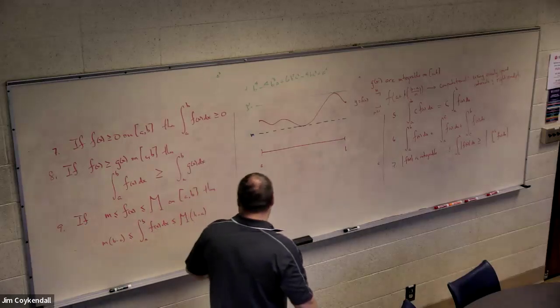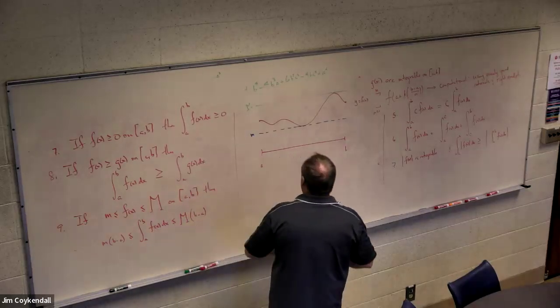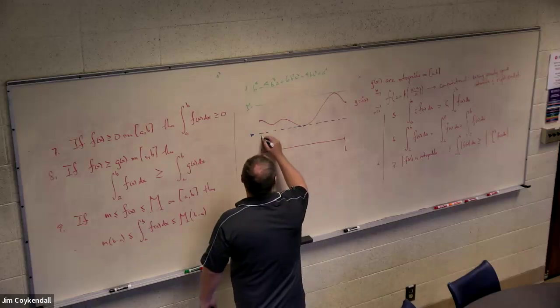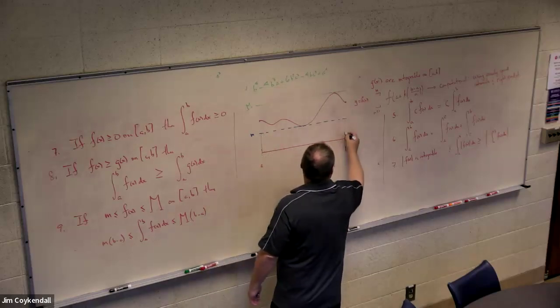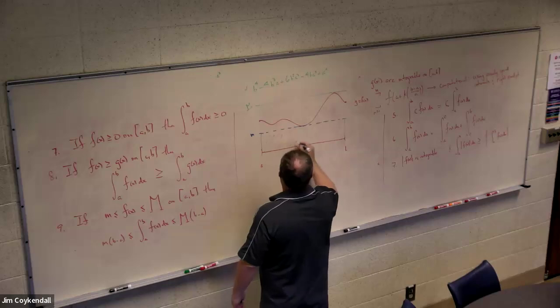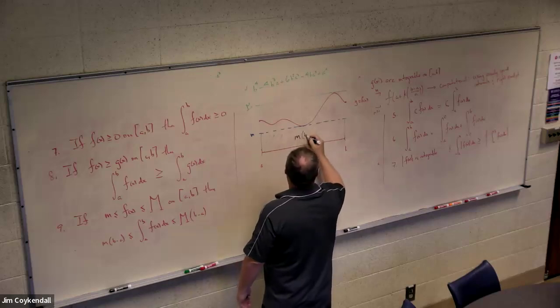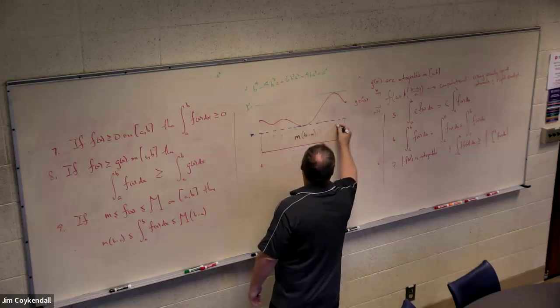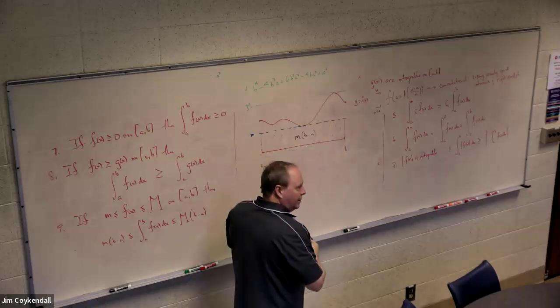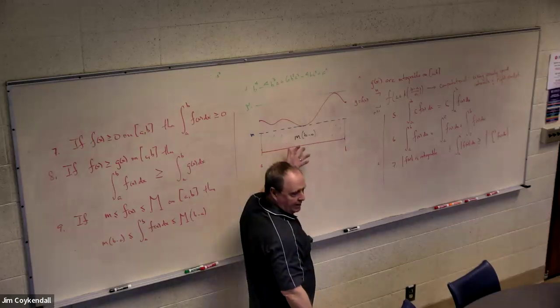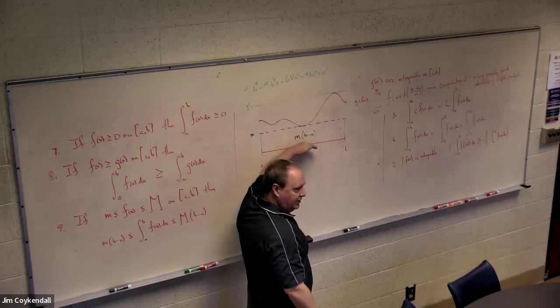What does this say? Well, what this inequality says is, let me point out that this area down here is little m times b minus a, right? Because this is just a rectangle, its width is b minus a and height m.